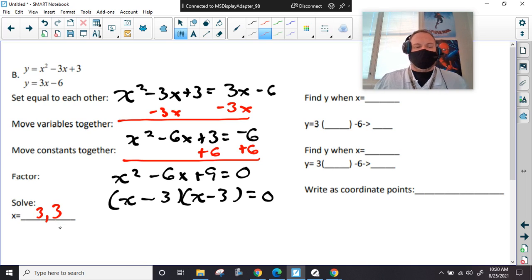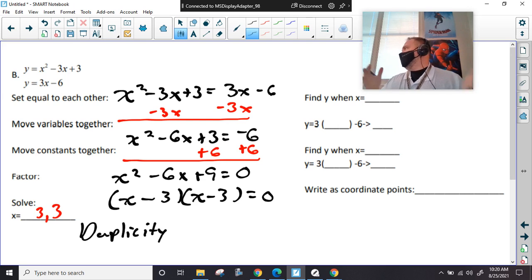But there's this weird word called duplicity. It's fun to say. Where you actually have the same root or same zero more than once. So because we have duplicity, we don't technically need both of these.